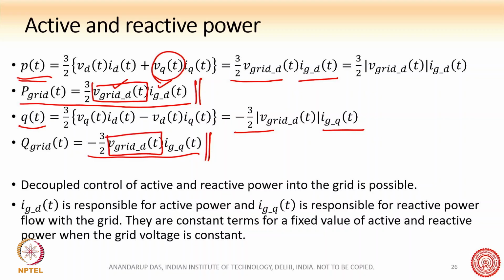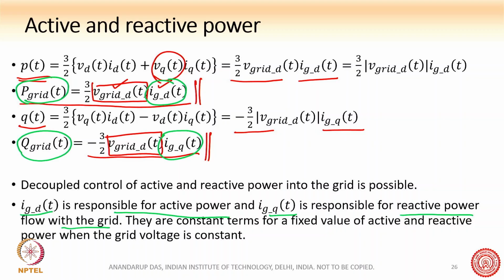So what does it mean? It means that we can control P grid by controlling IGD, and we can control Q grid by controlling IGQ. So IGD is responsible for active power exchange with the grid, and IGQ is responsible for reactive power flow with the grid.